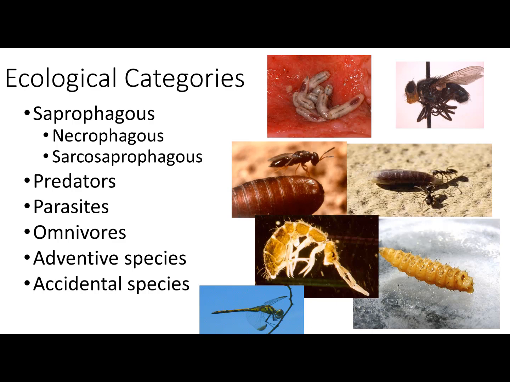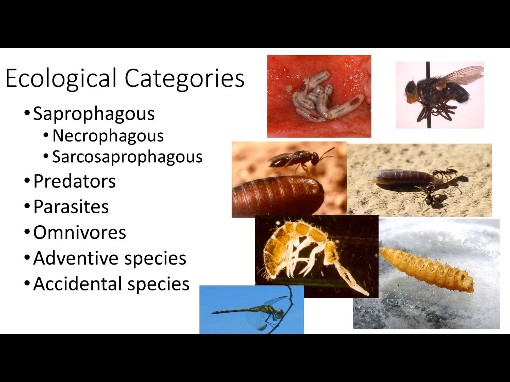Necrophagous and sarcosaprophagous insects. All of these types of insects are organisms that feed on decaying matter. Okay? So, wow, I'm having a hard time saying these. Necrophagous organisms are those that feed on corpses or carrion, while sarcosaprophagous insects are those that feed specifically on decaying flesh. Okay?